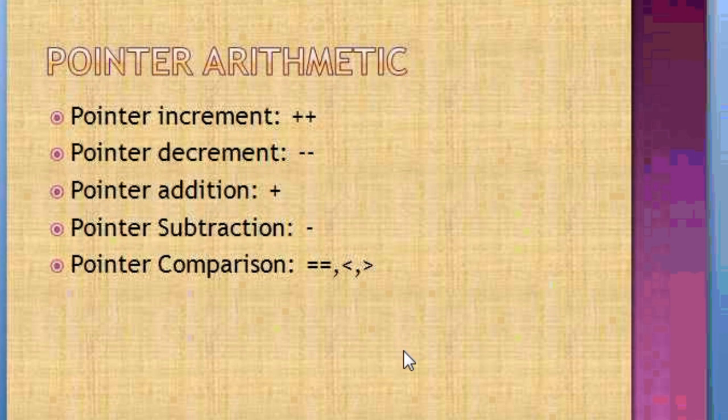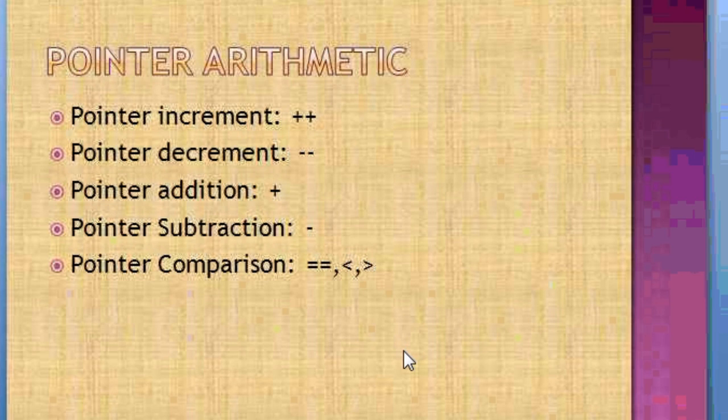If we are declaring the variable ptr as float star ptr, then ptr plus plus, since ptr is of type float, will increment the value by 4 bytes. Why? Because the address which holds the value requires 4 bytes to store that value. Okay, so the pointer will increment the ptr value by 4 bytes.